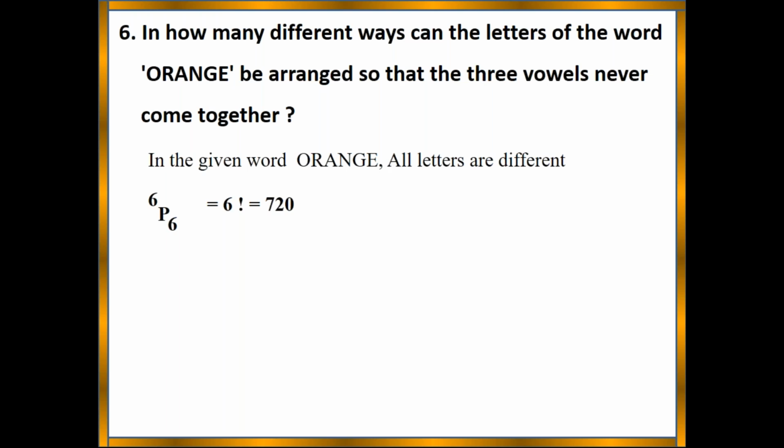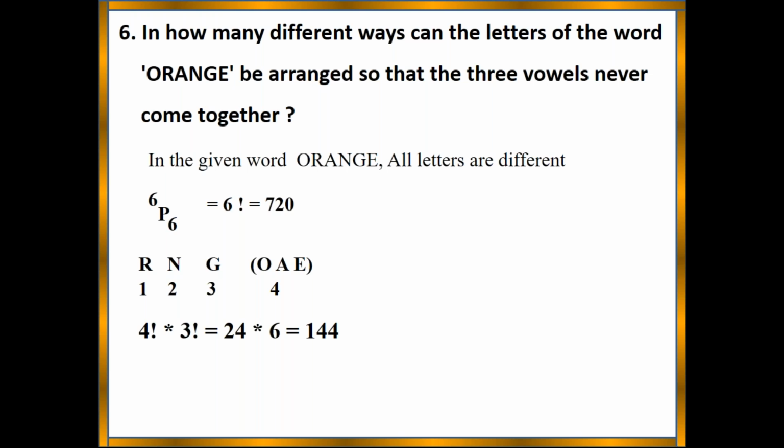First of all, write down all the vowels and consonants separately: R, N, G, and O, A, E. R is the first letter, N is the second letter, G is the third letter, and O, A, E is the fourth letter. We know 4 factorial into 3 factorial: 24 into 6, 144.